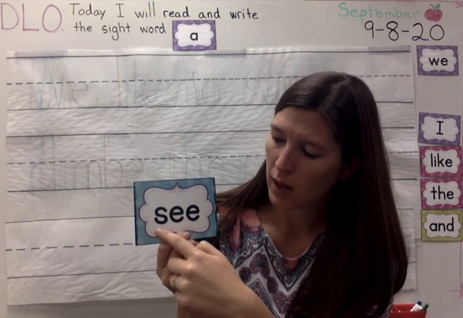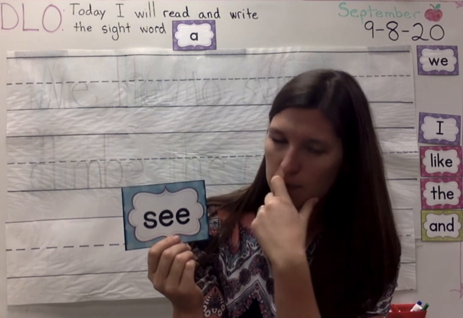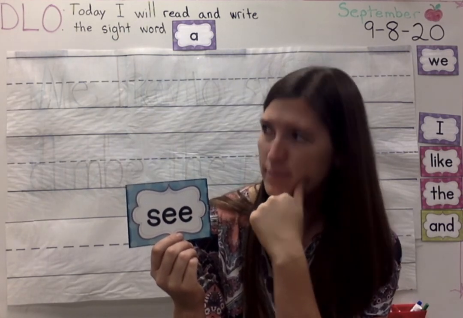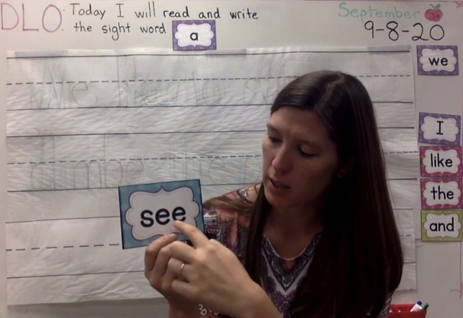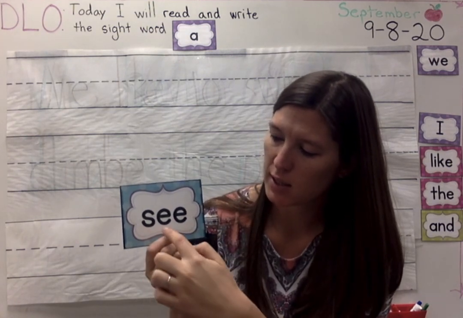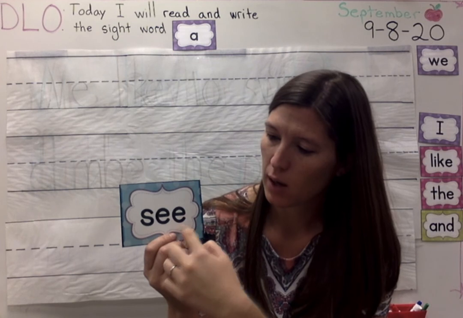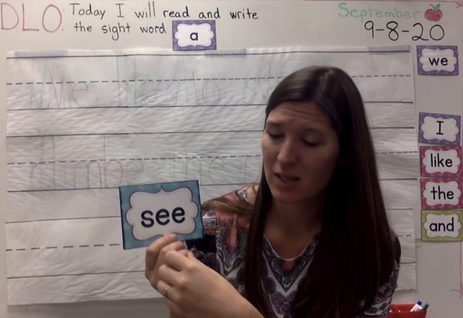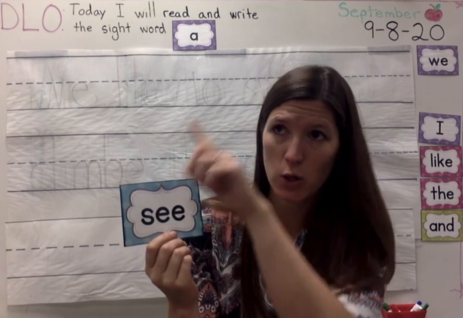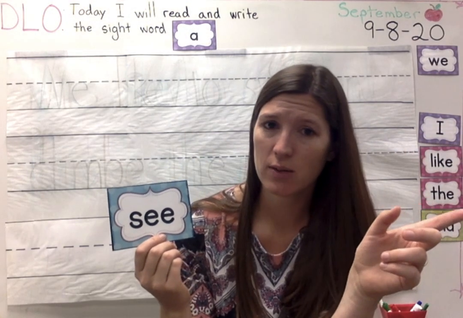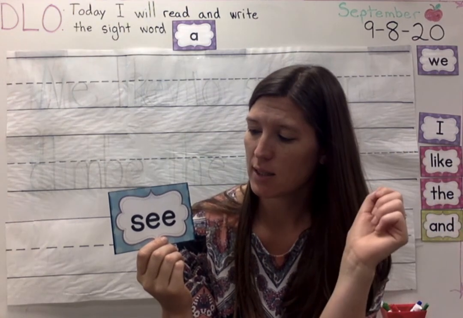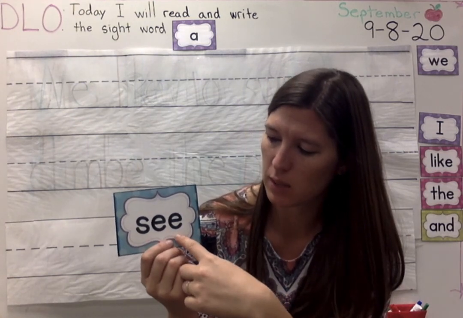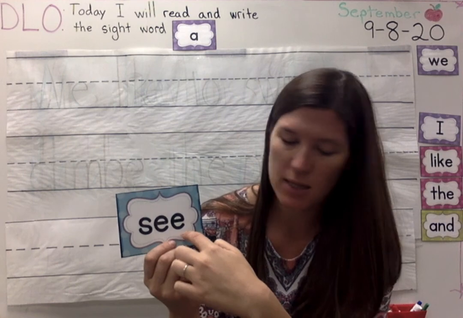S-E-E, S-E-E. I can read C, I can write C. I see the rainbow across the sky. I see the cloud in the sky so high. I see the birds as they fly on by. S-E-E, S-E-E.